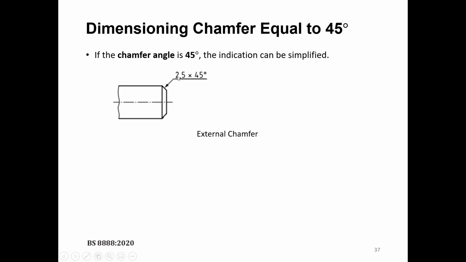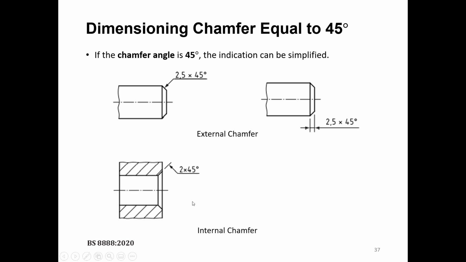You just say 2.5 times 45 degrees, or you can dimension it like this, where you have this leader line, or you can just say the distance between these two lines is 2.5, and the angle here is 45 degrees, and this is for an external chamfer.